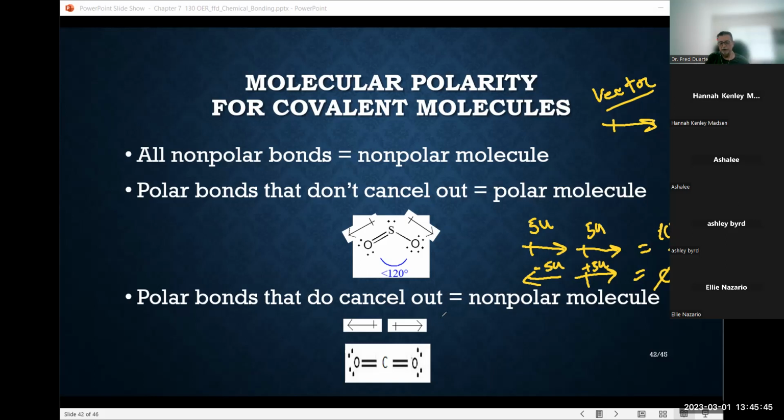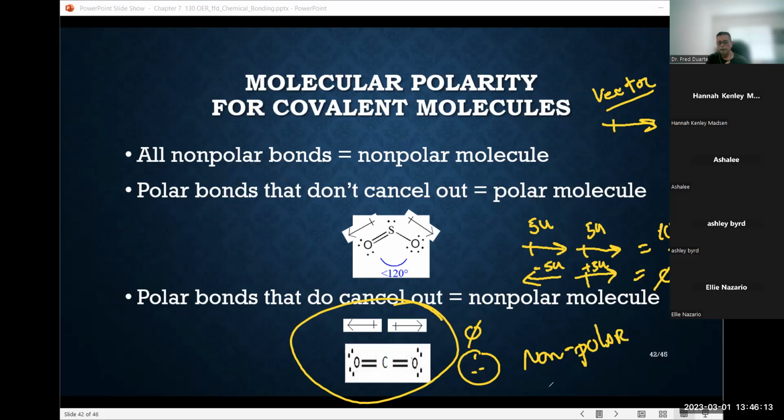And that is what's happening down here with carbon dioxide. The polar bond on the right, its magnitude, because it's going to the right, is canceled out by the polar bond on the left. And so it cancels out. So the net polar bonds equals 0, resulting in a non-polar molecule.